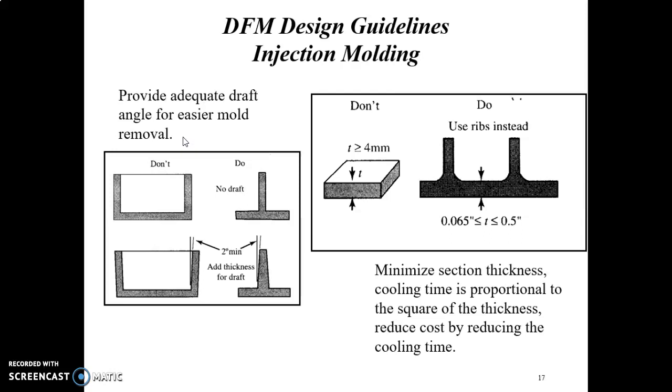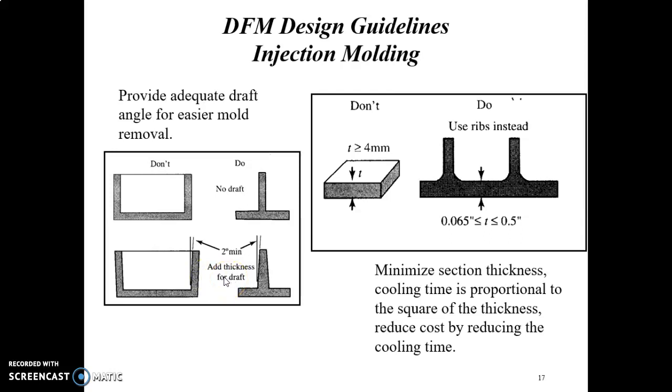So I hope you still remember what is draft. The draft angle is the amount of taper for a molded or cast part, which is perpendicular to the parting line. It can be measured in degree or millimeter over millimeter or inch over inch.